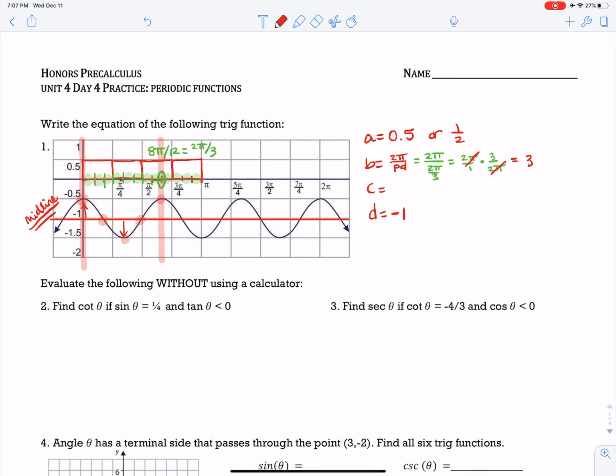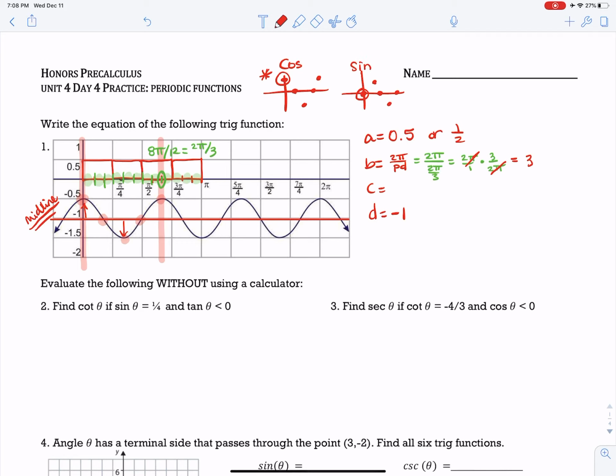Our C is our phase shift from the y-axis. And remember, with cosine, on the y-axis, it starts high, midline, low, midline, high. And this is cosine. So we want to figure out, is it starting high and following the pattern and going down to the midline? Or is it following the pattern for sine, which starts midline, high, midline, low, midline?